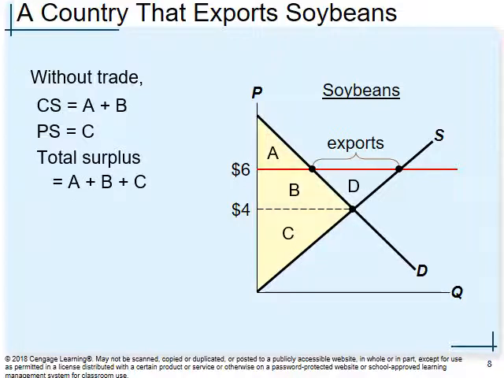And the total surplus is the surplus of consumers and producers. So the area A, B, and C is the total surplus.